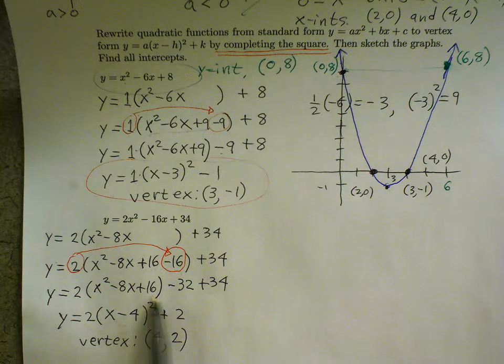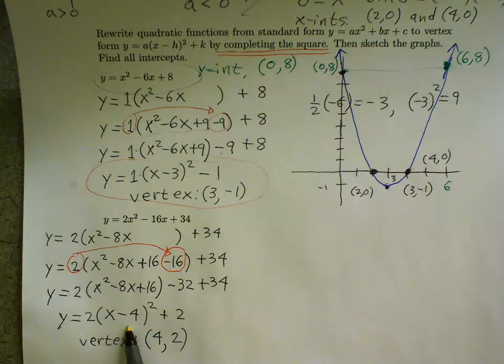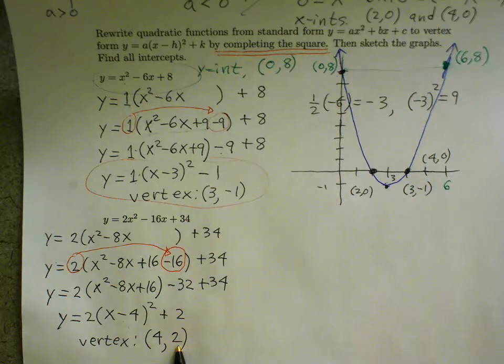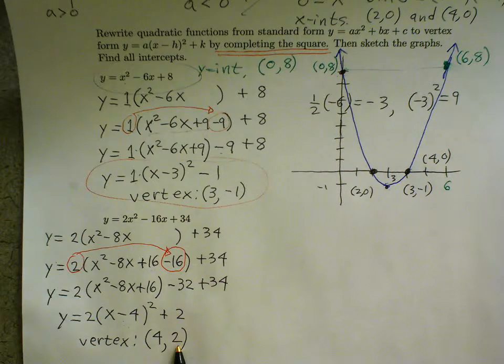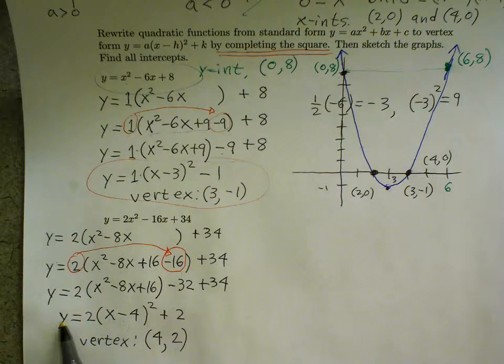Negative 8 squared is 64. 2 times 64 is 128. 128 plus 2 is 130. But the y coordinate of the vertex is not 130, it's 2. So just note that if we replace x with 4, 4 minus 4 is 0. And then the y coordinate is 0 plus 2, or 2.